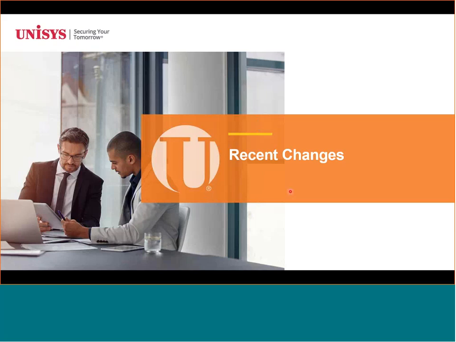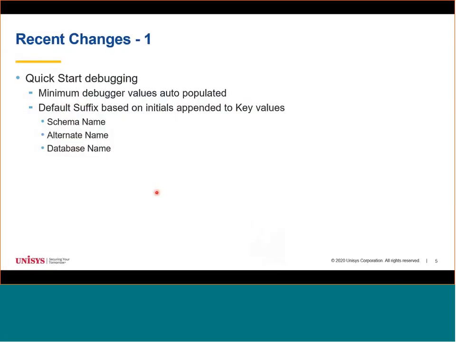But engineering have taken on board that the time it takes to learn and understand how to set up that debugger environment can be a little bit time consuming and a little bit daunting. So in one of the new features of 7.0 they've tried to improve that, and they've given us a quick start debugging capability.